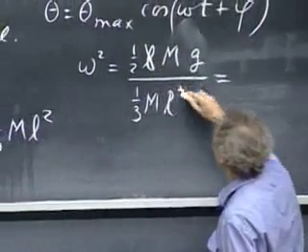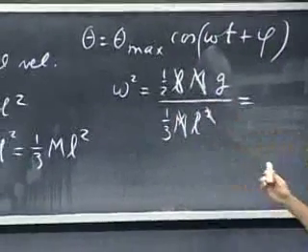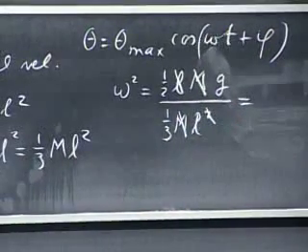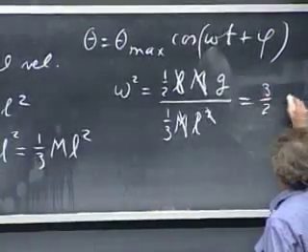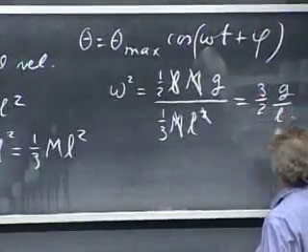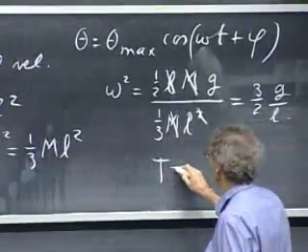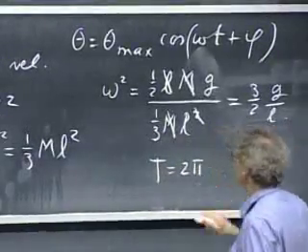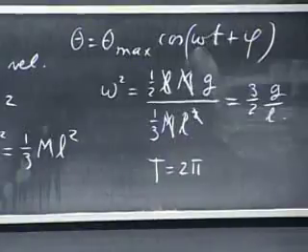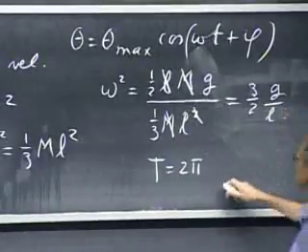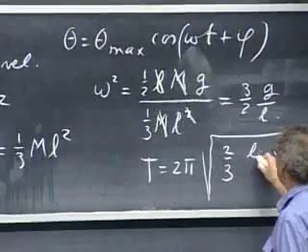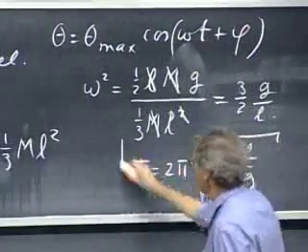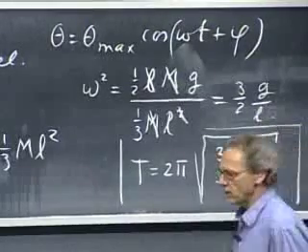I lose one L, I lose one m, very common, always lose your m's in gravity. And so this is 3/2 g divided by L. And so the period of one oscillation is 2 pi divided by omega. Omega is the square root of this, so that becomes 2 pi times the square root of 2/3 L over g. And that is the period of the oscillation of this ruler.